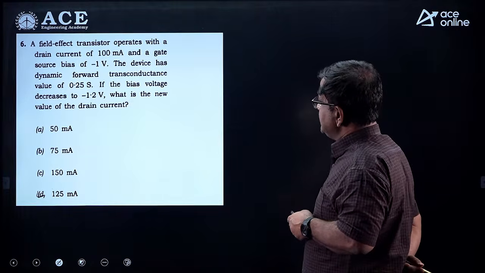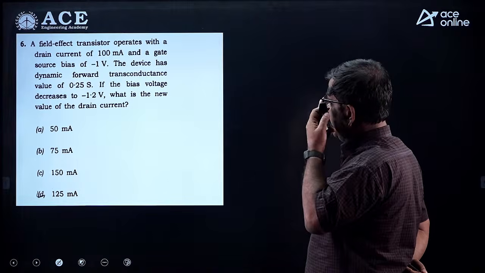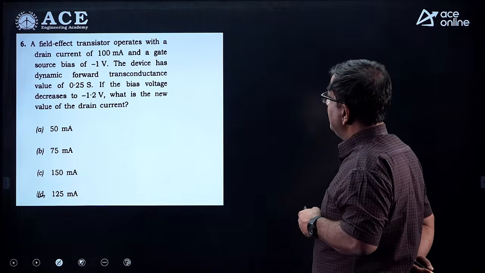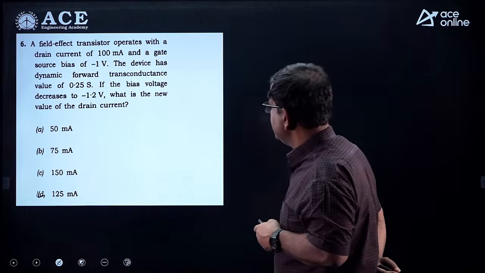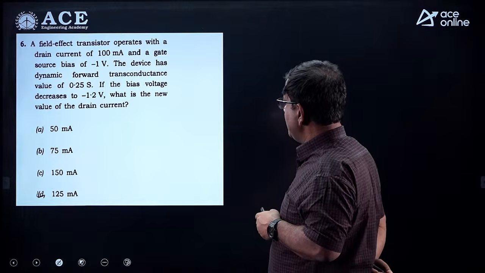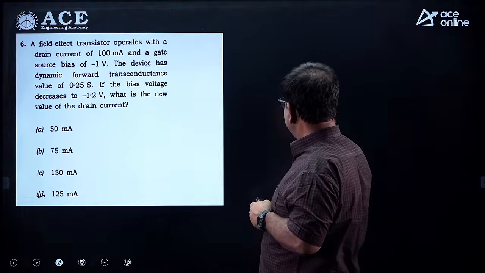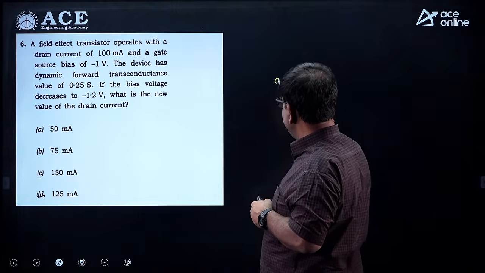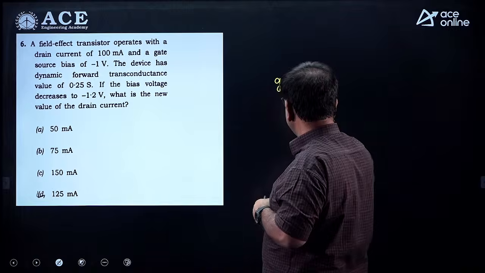The field effect transistor operates with a drain current of 100 milliampere and a gate source bias of -1 volt. The device has a dynamic forward conductance of 0.25. If the bias voltage decreases to 1.2, what is the new drain current? So, the transconductance of the device gm is given as change in ID by change in VGS.